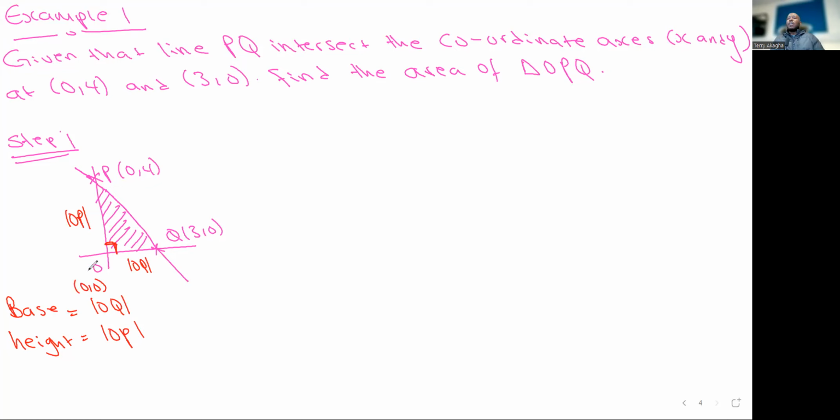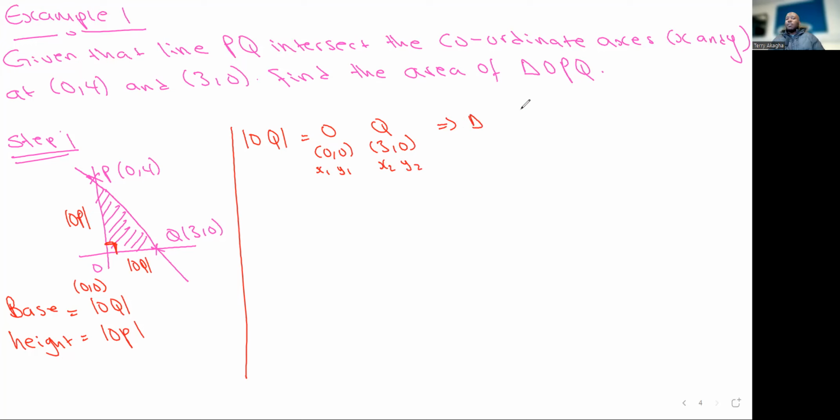The coordinates for the origin is (0, 0). So we'll start with OQ, which is the base. The O has coordinates (0, 0), and the coordinates for Q is (3, 0). So we know this is x1, y1, this is x2, y2.